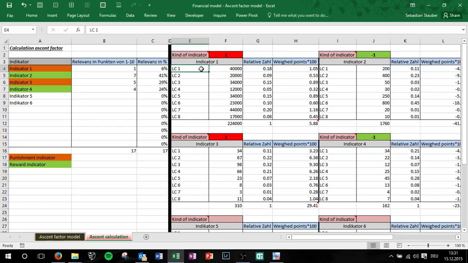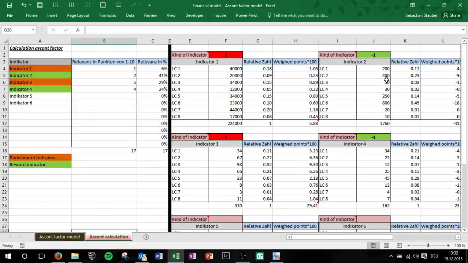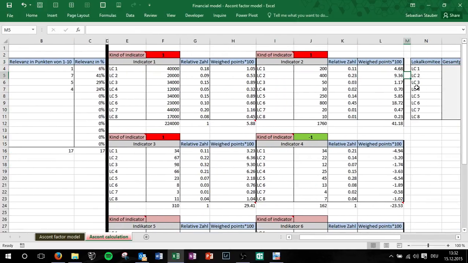For example, for indicator 1, LC1 had 40,000, whatever this indicator is about. Then the template calculates the relative number and the weight points multiplied by 100, a standardization in order to calculate it in the points. As you might remember, we were also standardizing these points by 100. If it's a reward indicator, it's a -1, just for the calculation. So if you have 1, then it changes entirely.